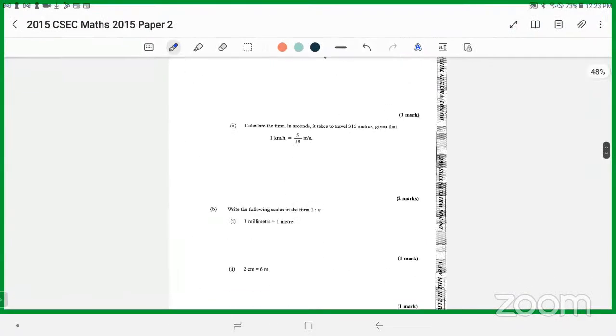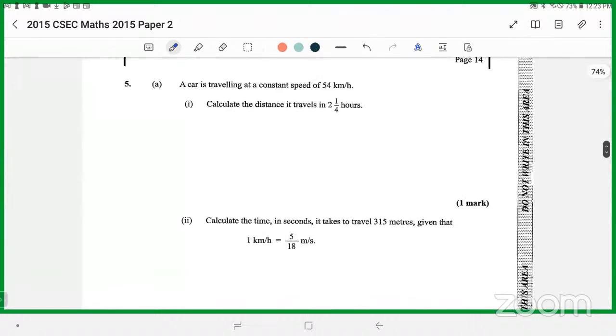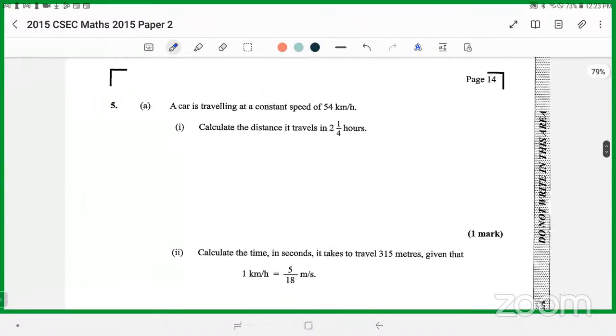Next question, number 5. It says a car is traveling at a speed of 54 kilometers per hour. It's not complicated. All that means is that in 1 hour, it covers 54 kilometers. So in 2 hours, it's going to be 54 times 2, and so on. Also remember that 1 hour is 60 minutes. So if you want to know how fast it's going in a minute, you divide by 60.